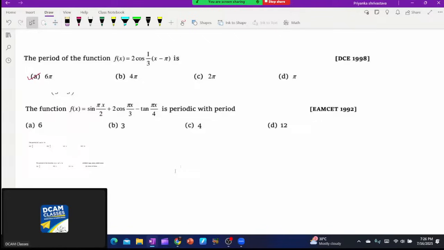The answer to this one is 12. You just took the LCM, no?